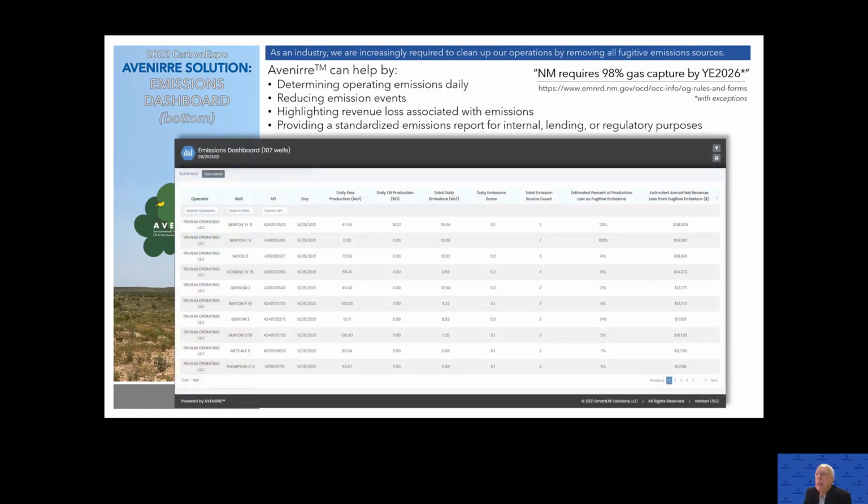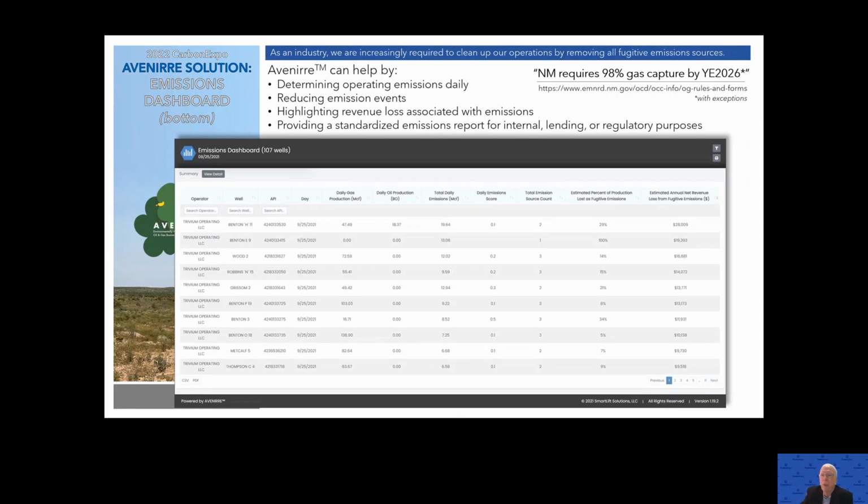So here's the second page of the emissions report in Avenirre, and this is an example of a tabular report by well, which you can easily sort by any column in this report. This report happens to be sorted by the estimated annual net revenue loss from fugitive emissions.